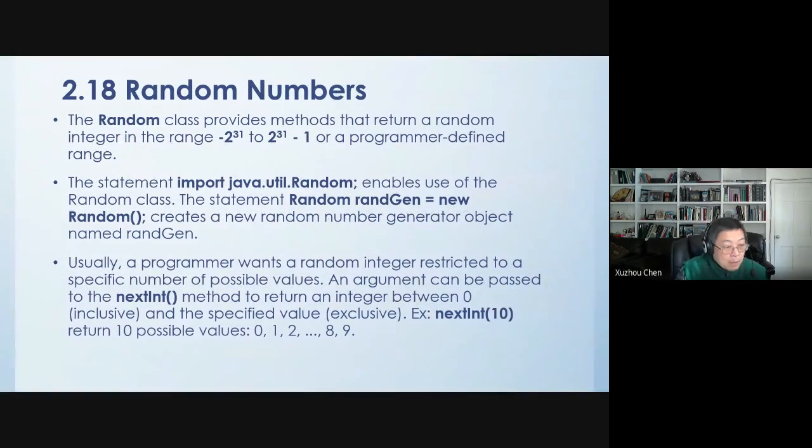Now, Java also defines a class called Random, which allows people to generate a random number. By its definition, random means it's not predictable, right? In computer languages, the random number generator is very important.